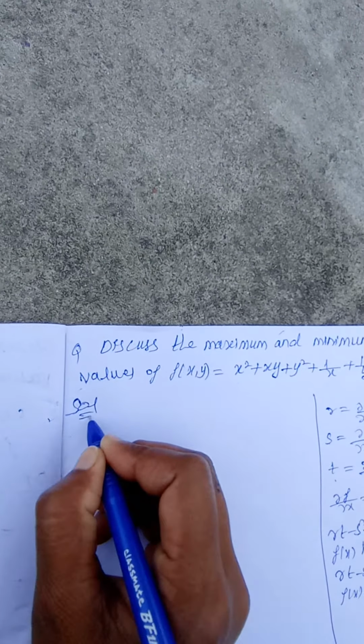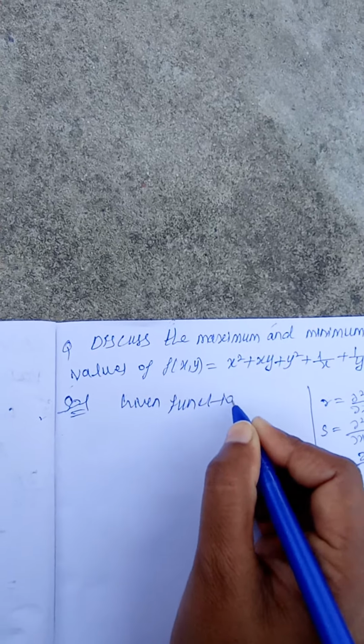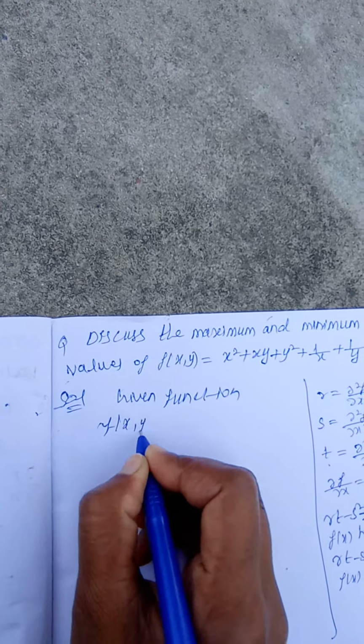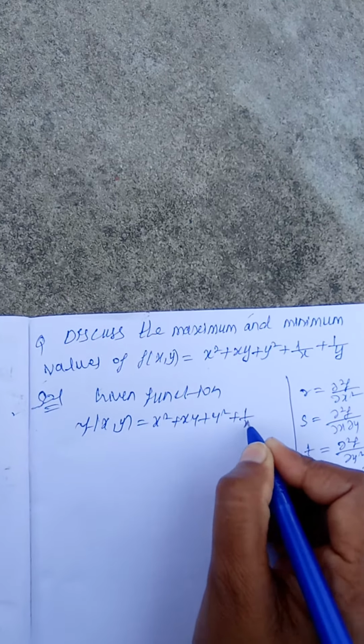Solution. Given function f(x,y) = x² + xy + y² + 1/x + 1/y.